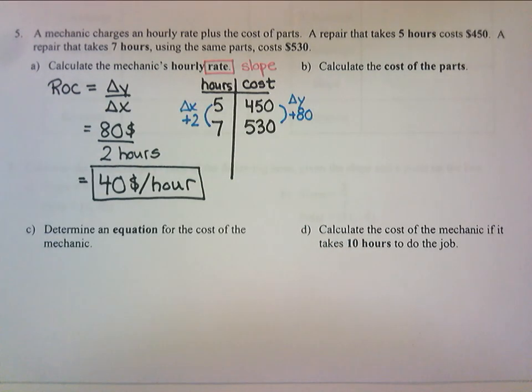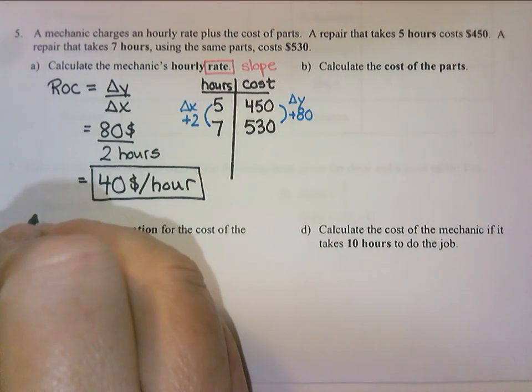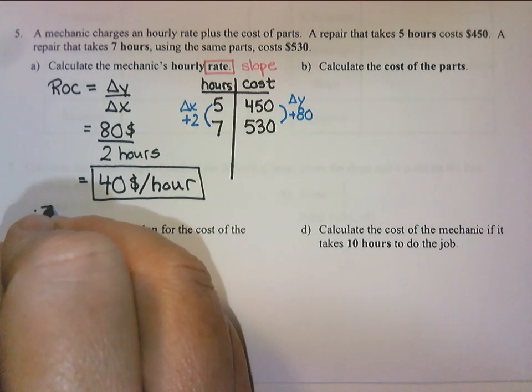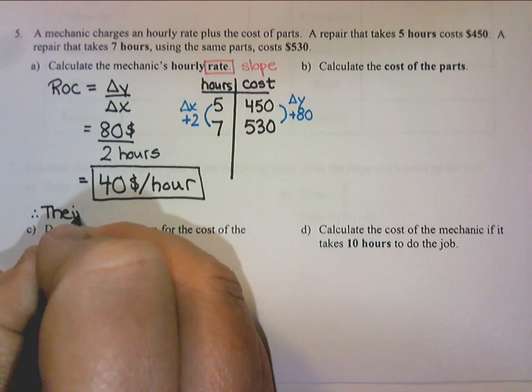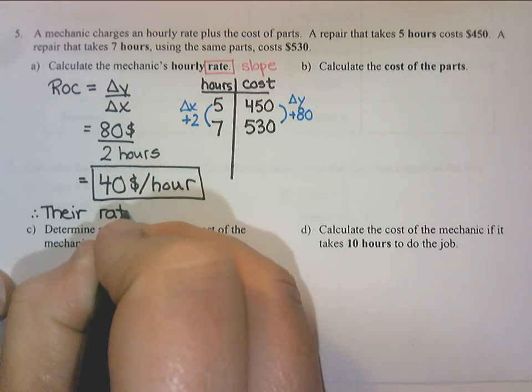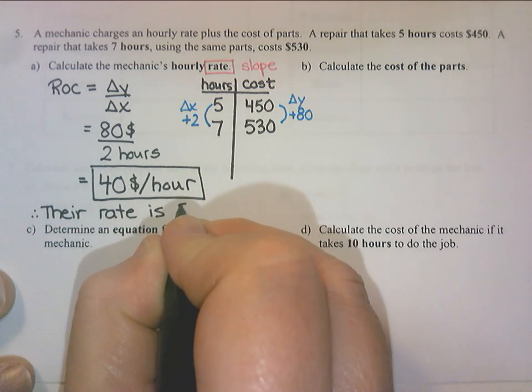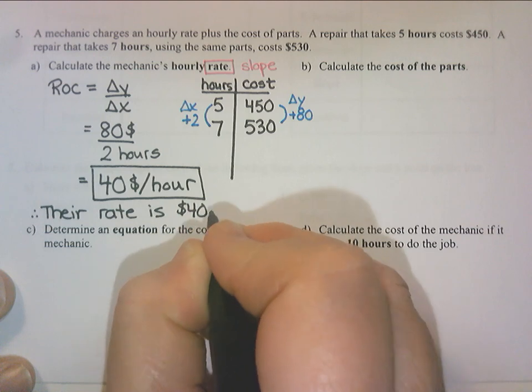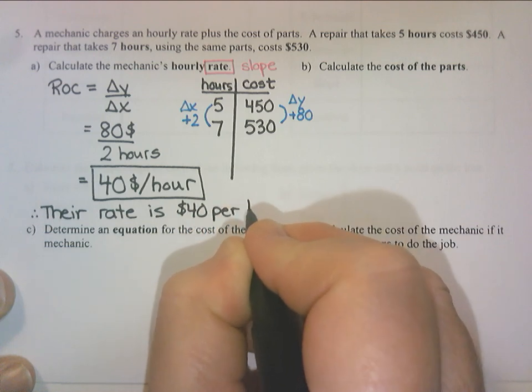So the mechanic's hourly rate is $40 per hour. So I'm just going to say their rate is $40 per hour.